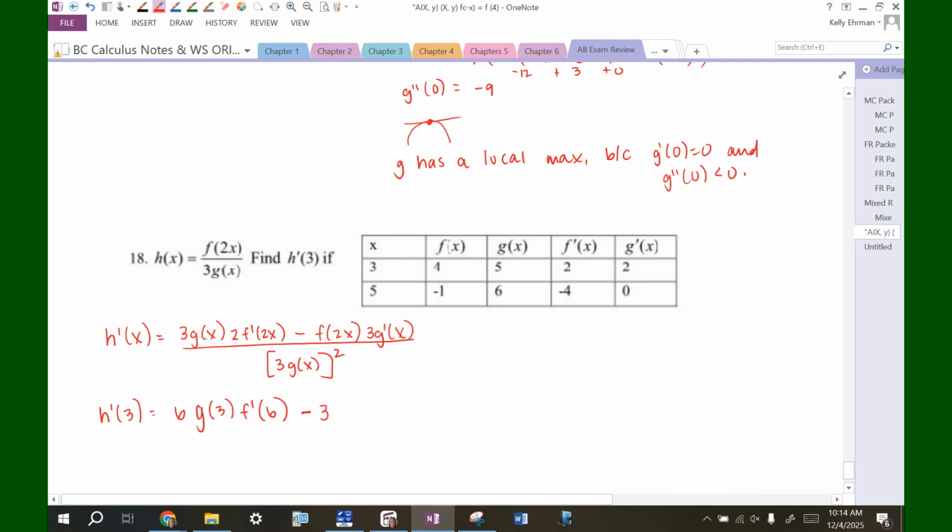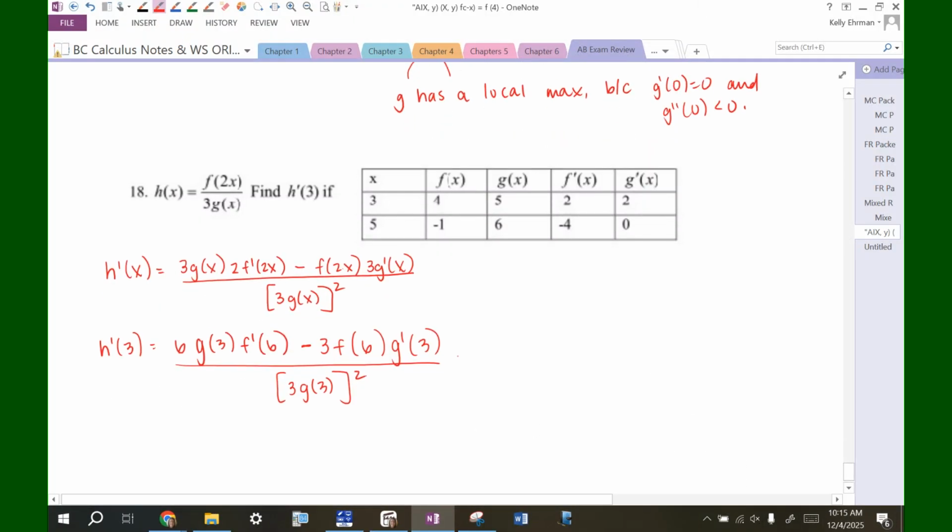Minus 3 times f of, if I put 3 in there, I get 6, times g prime of 3, over 3 times g of 3, whatever that is, we will square it. Okay, now we're going to put numbers in. So 6 times g of 3 is 5.